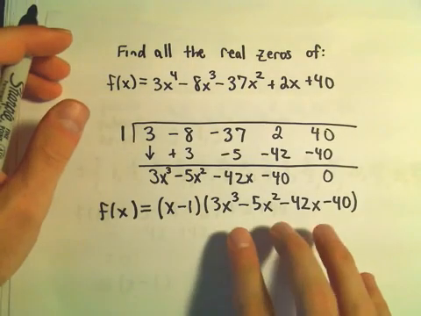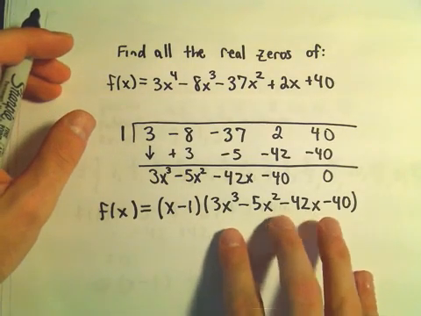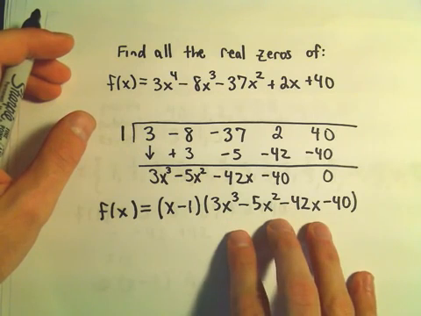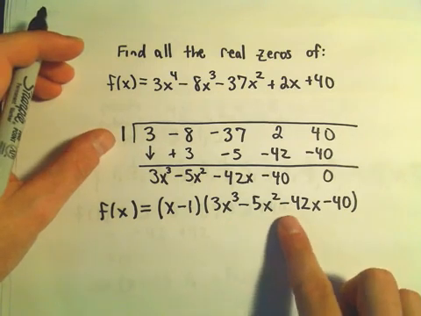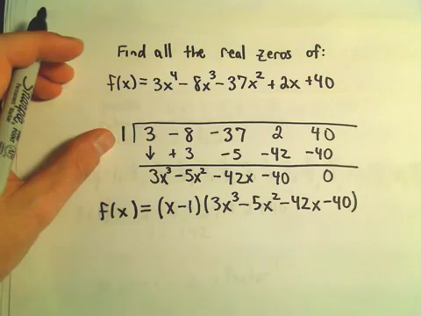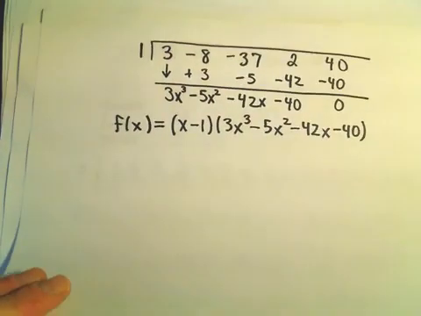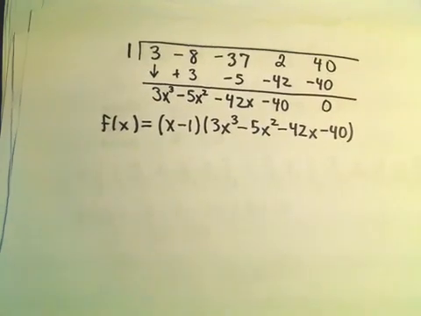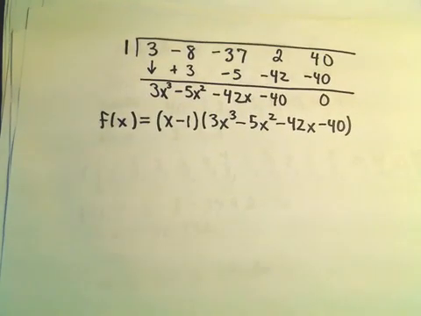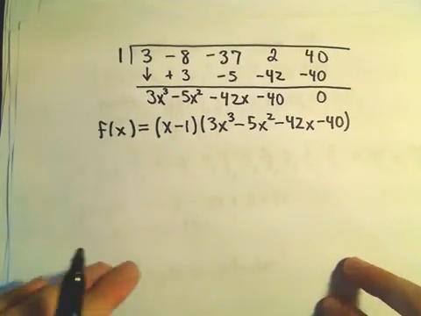Okay, so now I'm going to try to break down this factor, 3x cubed minus 5x squared minus 42x minus 40, a little bit more. We've got all these possible rational zeros, so we need to simply find another one that's going to work.